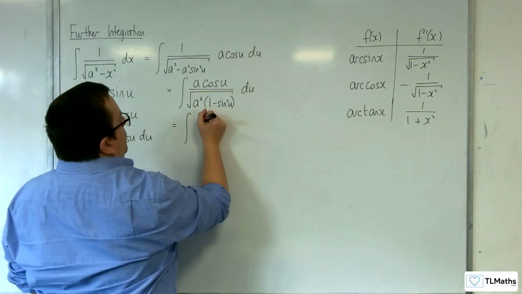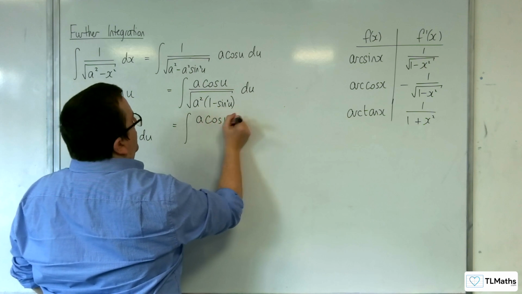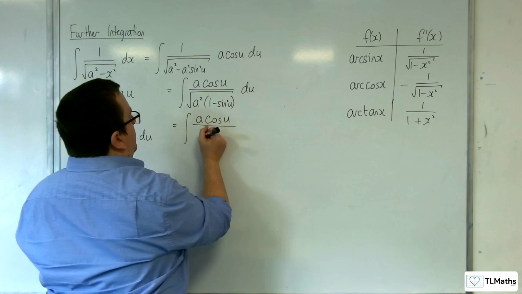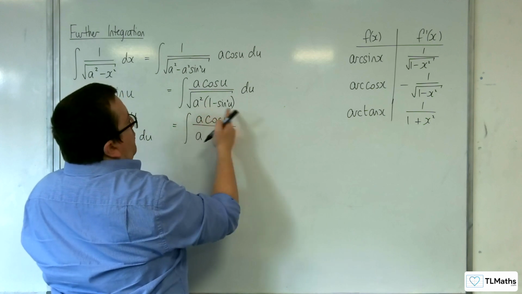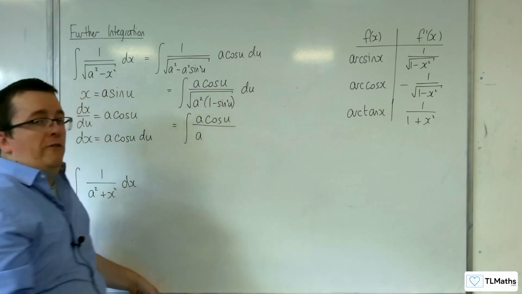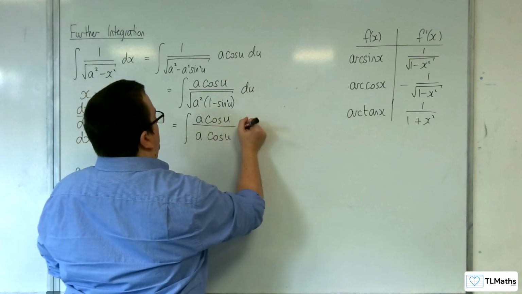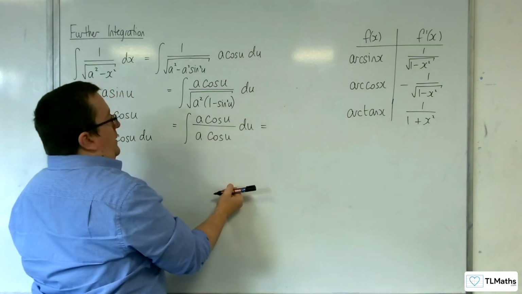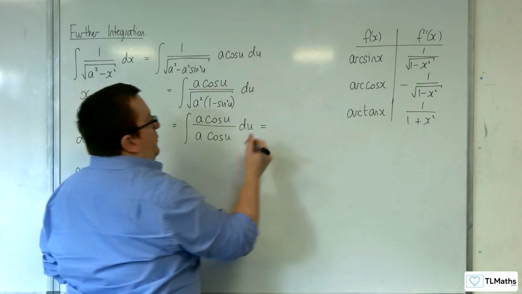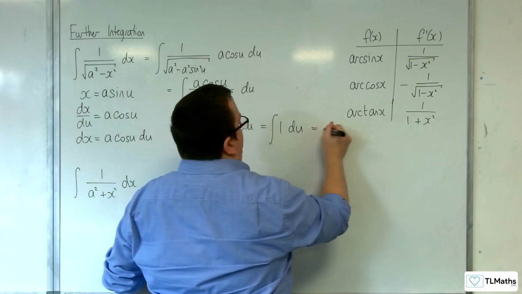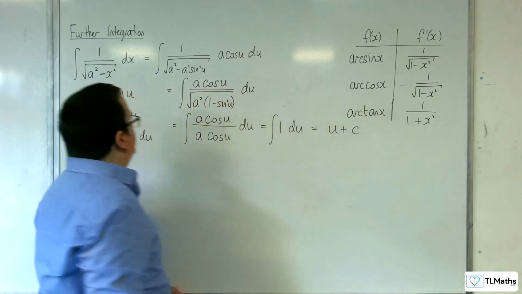Now here we have the a cosine u over, now we've got the square root of a squared, which is a, and we've got the square root of 1 minus sine squared, which is the square root of cosine squared, which is cosine u. And so both numerator and denominator cancel down to 1. So this is equal to u plus c.